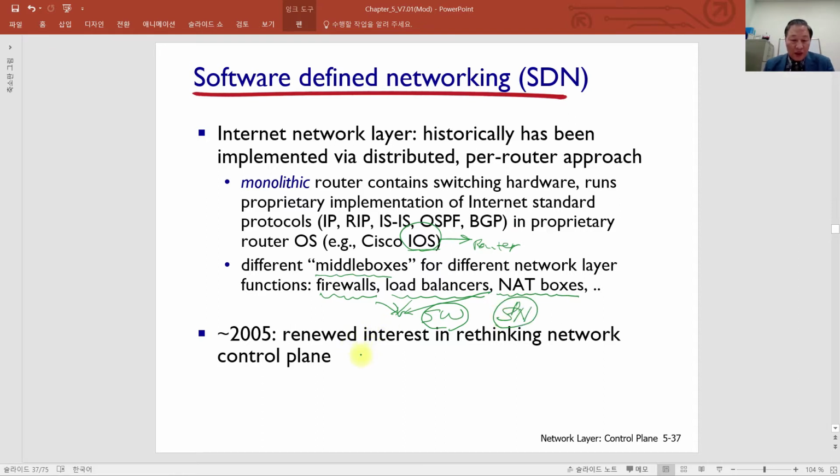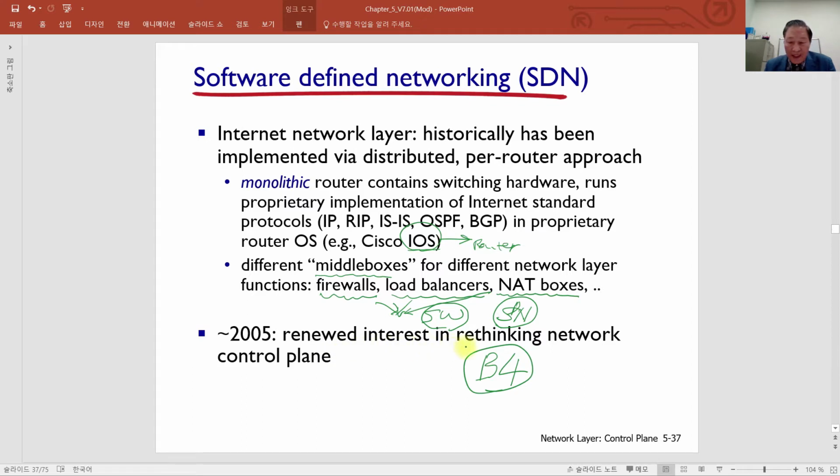Actually, that was introduced almost 15 years ago, around 2004 or 5, and was renewed after that and evolved. Google is using that concept in its data center networking. We'll learn a little bit about them together.